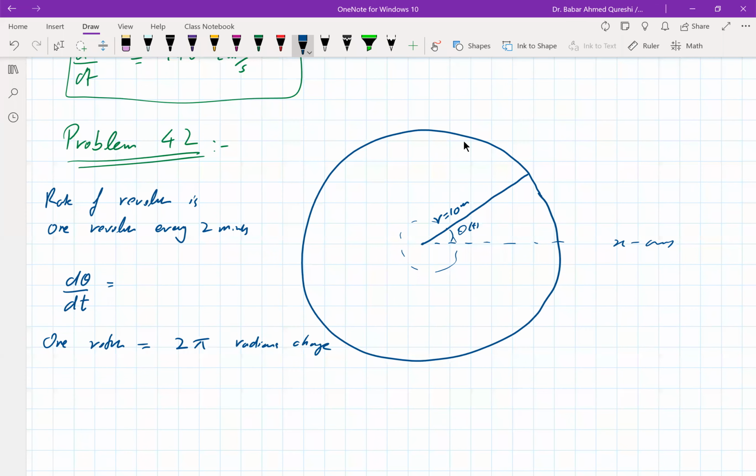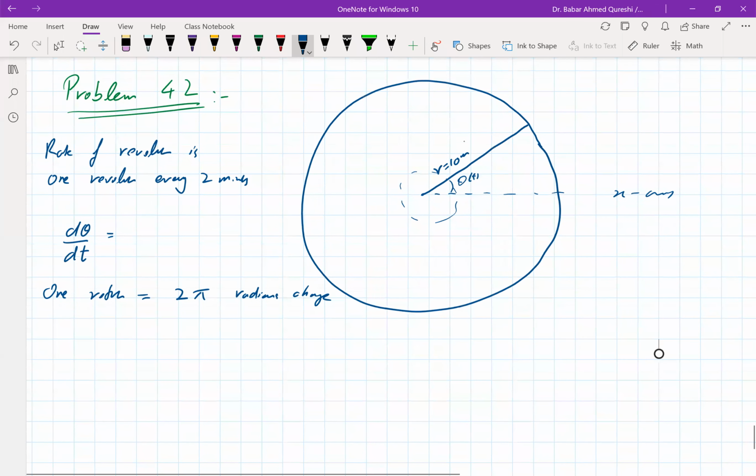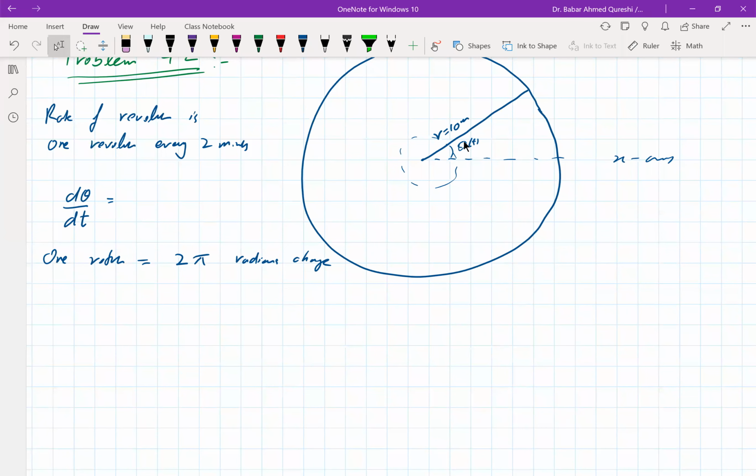And it says that it moves at a constant rate. So that means this d theta by dt is same at all times. So it's going to be a constant number. And what constant number? It changes in theta 2 pi per 2 minutes. That's the rate.